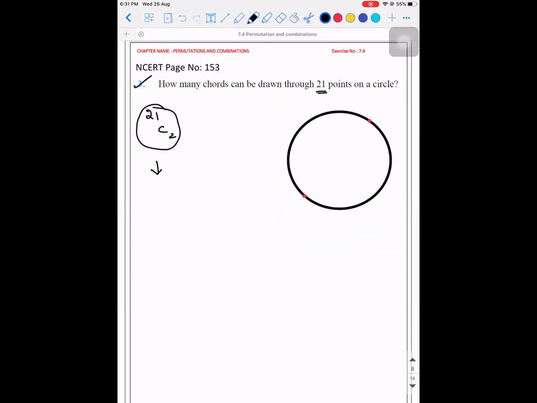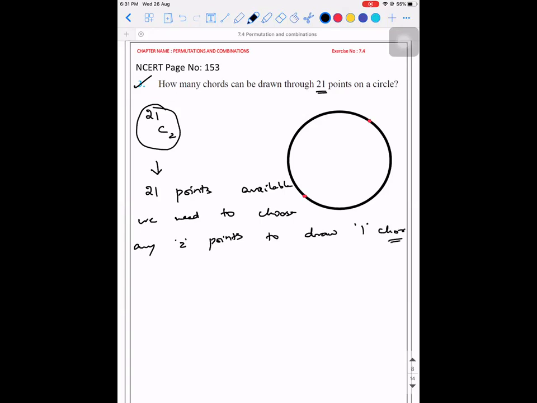So how to write this? Out of the 21 points available on the circle, we choose any two points to draw one chord.